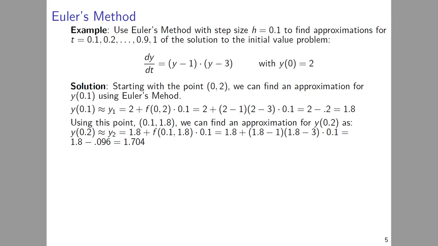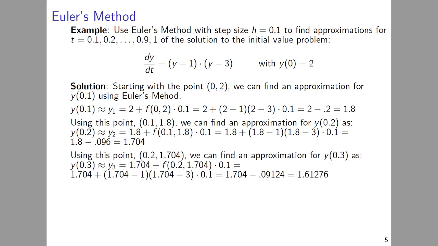Using this point, t equals 0.2, y equals 1.704, we can find an approximation for y of 0.3, doing out the steps here. So we can use the point (0.2, 1.704) to find the approximation (0.3, 1.61276), we can use that point to find the next point, and to find the next point, and so on.